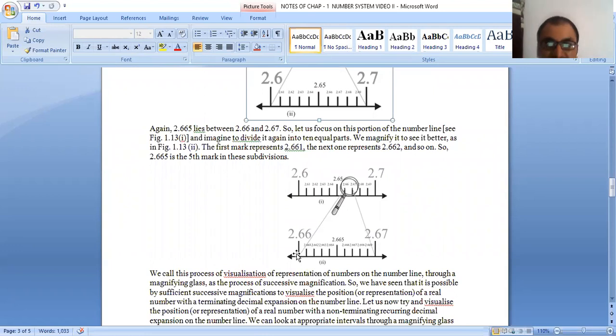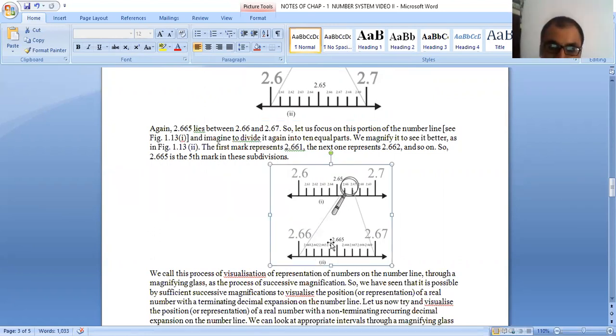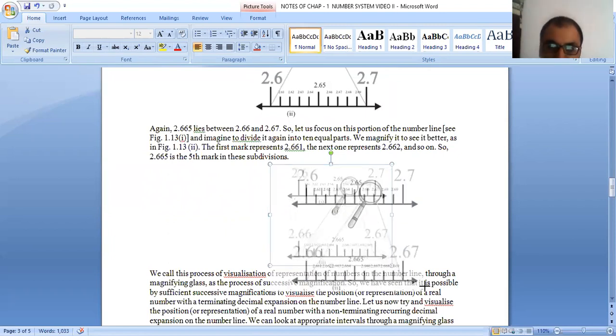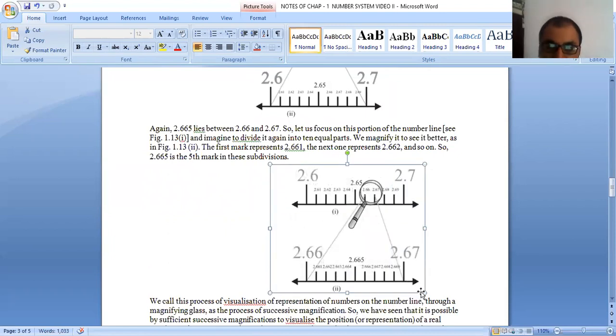Now we have to take 2.66 and 2.67 because 2.665 lies between them. So 2.66, 2.67. Now 2.661, you can see now. Can you see?